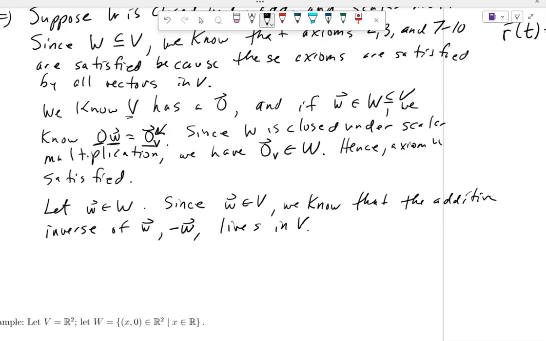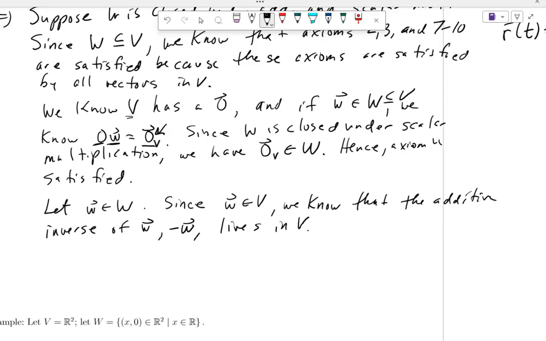Again, we know that vector spaces have all of those properties satisfied, right? Including the additive inverse. So if I start with something in W, it's also in V. So I know its additive inverse exists, but do I know that it's in W yet? No, I know it's in V, right?